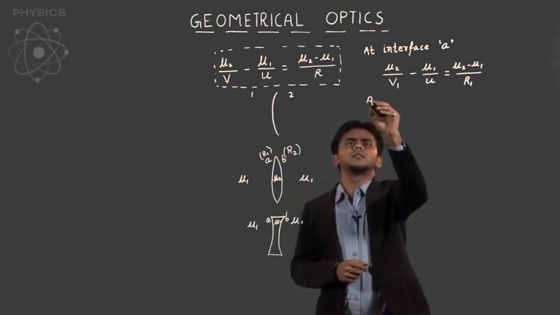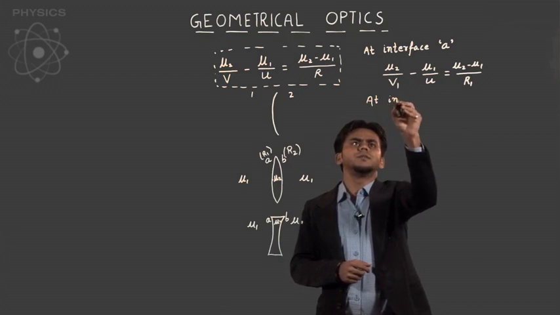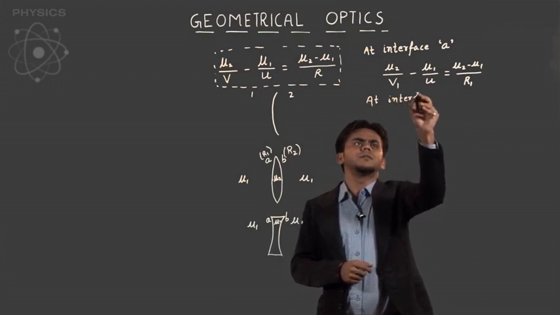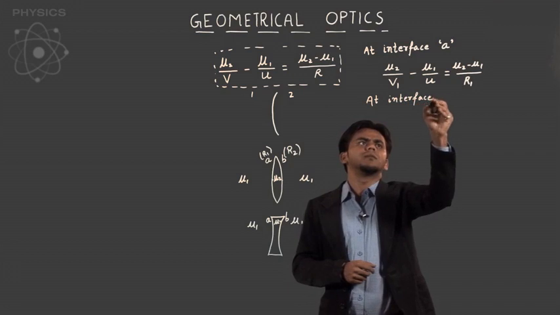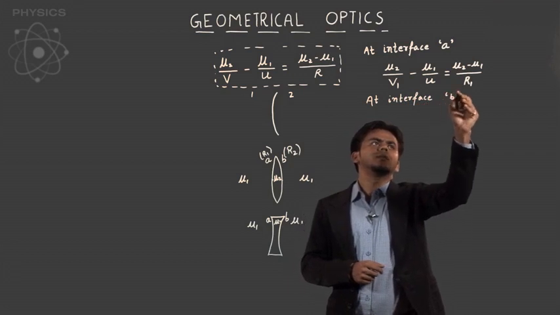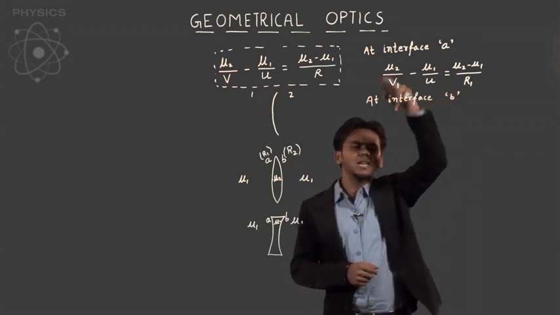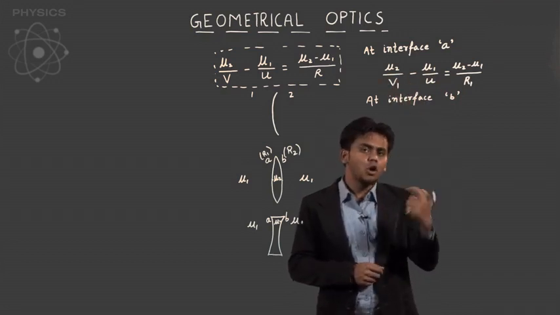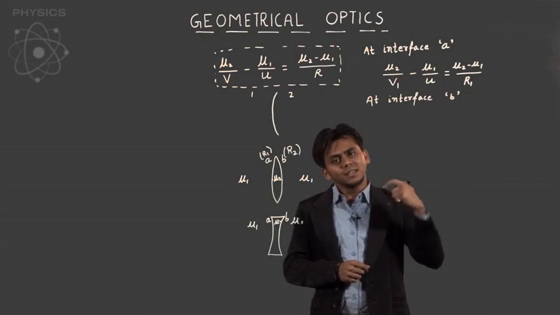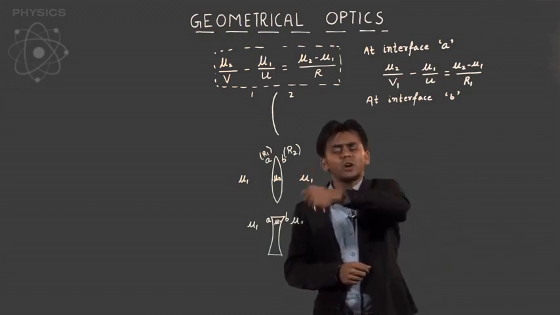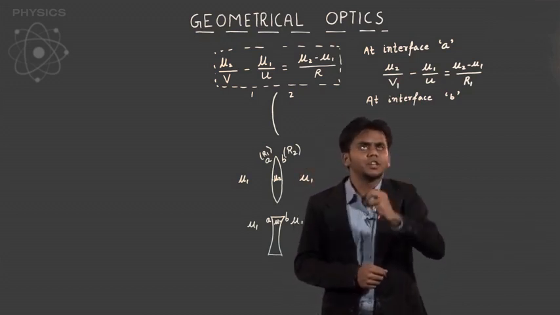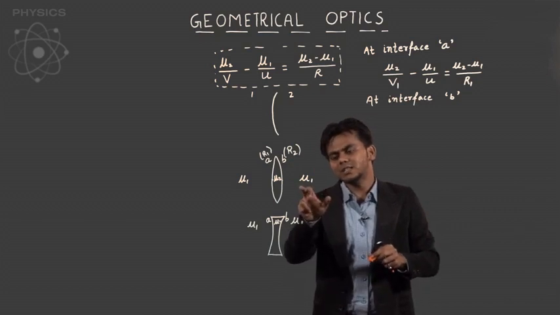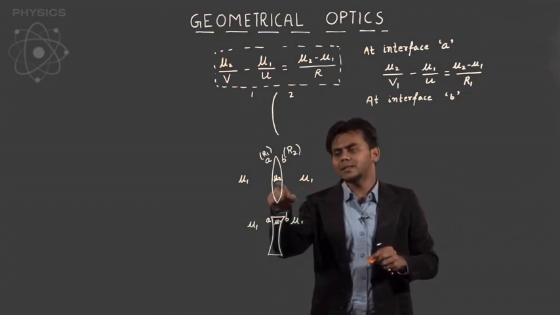So at interface B, just do the same kind of thing. This V1 over here would act as your object, and this would provide you a final image at V location. But this is your second medium and this is the first.